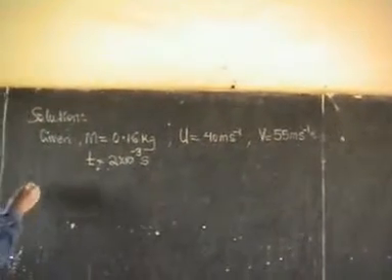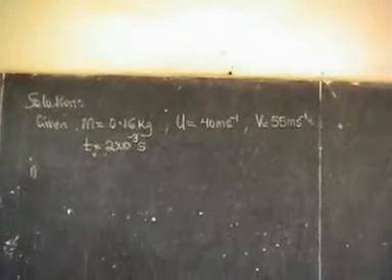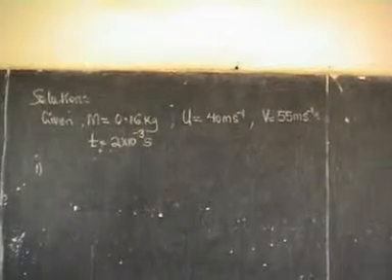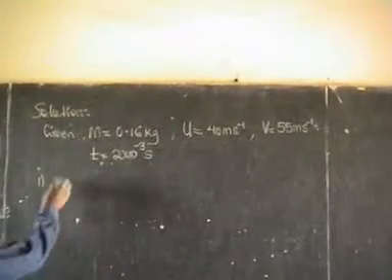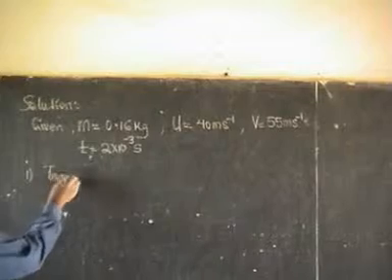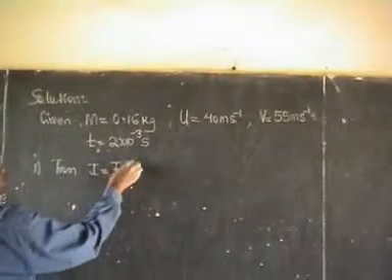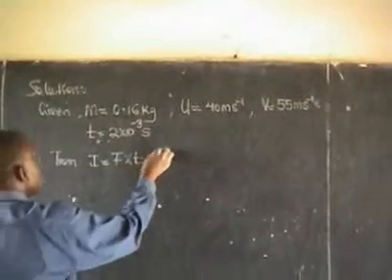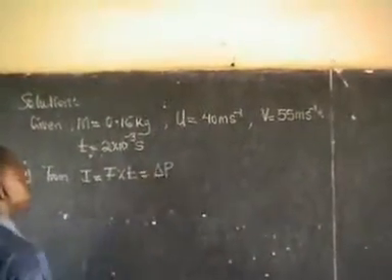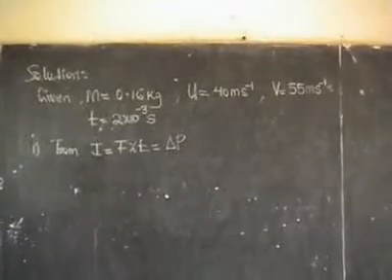So part 1. What is the impulse delivered to the baseball? Impulse is equal to the product of force and time, which is also equal to the change in momentum.